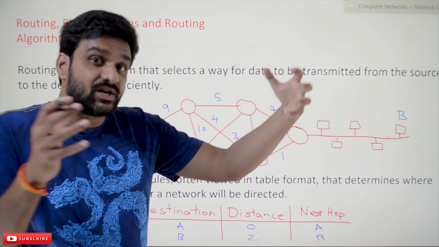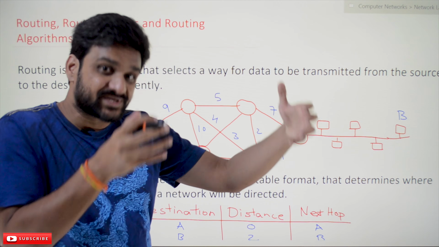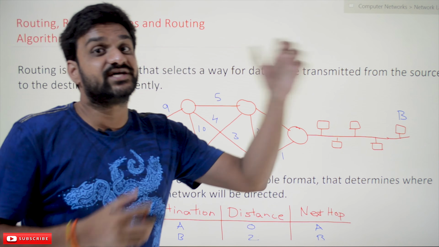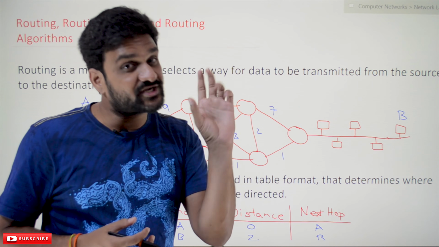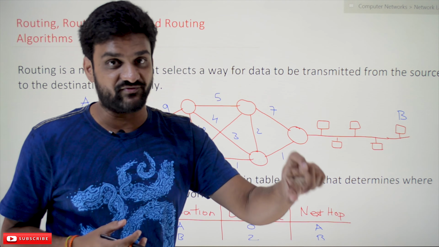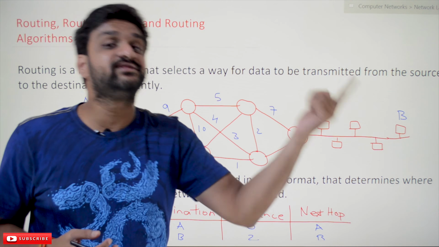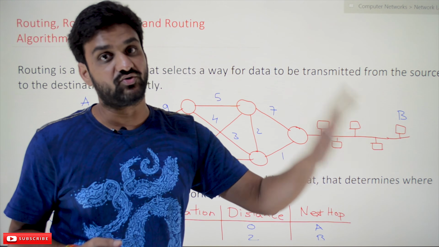Among several paths, we select a specific path. That selection of the path is done efficiently, which means the shortest distance is identified. That process of selecting that path is what we call routing.